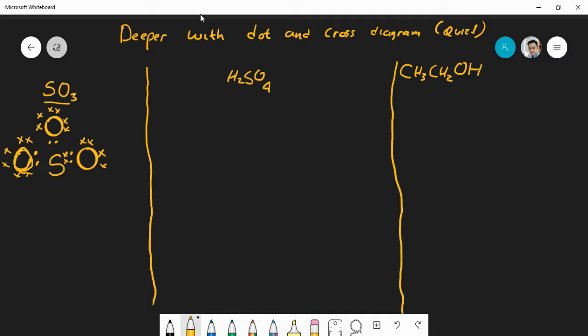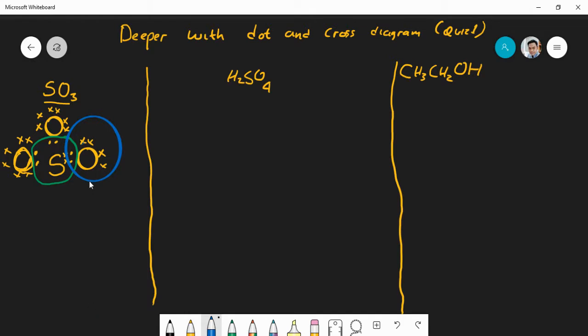So now if we draw the ownership of the electrons, for sulfur, this is still owned by sulfur because it's not giving. Remember, covalent is sharing. So now you will expect 8 electrons for sulfur, and for the oxygens, this is 8 electrons, right?